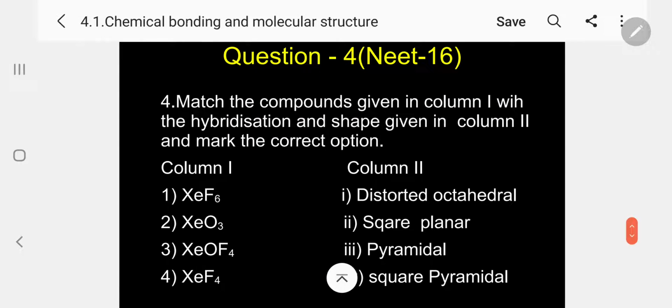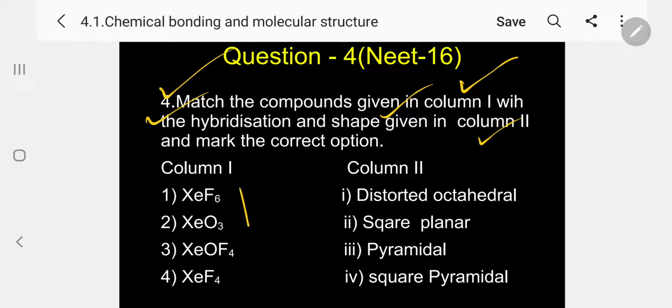This is another question, so you should analyze it carefully. Even though this question is asked from the inert gas elements, it comes under chemical bonding. Match the compound given in column 1 with the hybridization and the shape given in column 2.